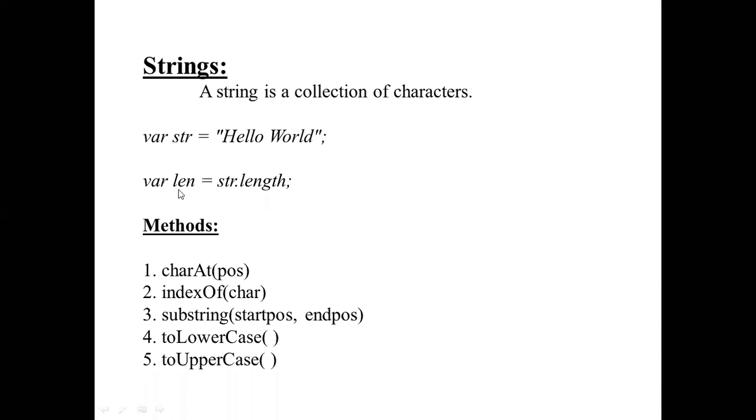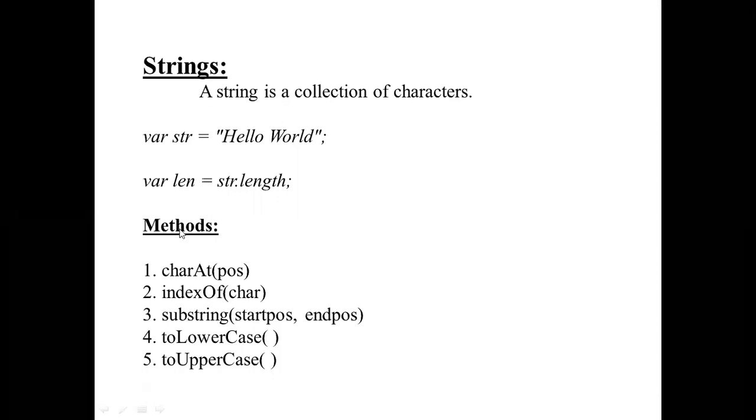Length is the most frequently used property on the string object. So var len = str.length, the length of the str, which is total 11. So the value 11 is stored in the len variable.